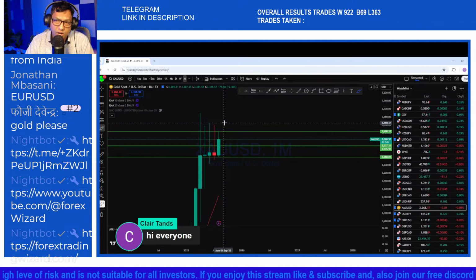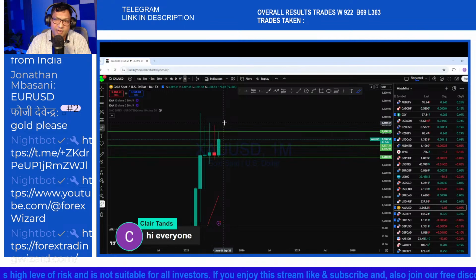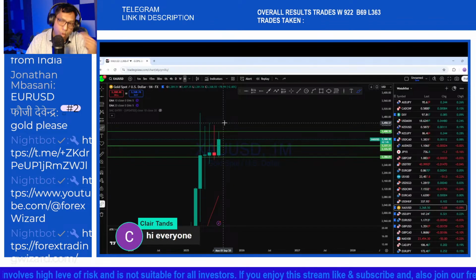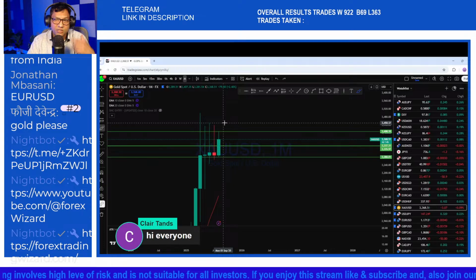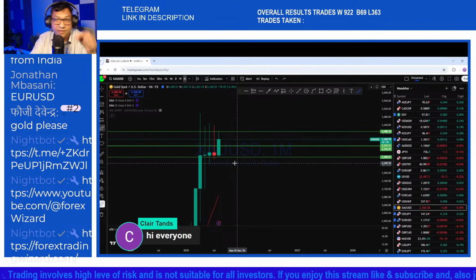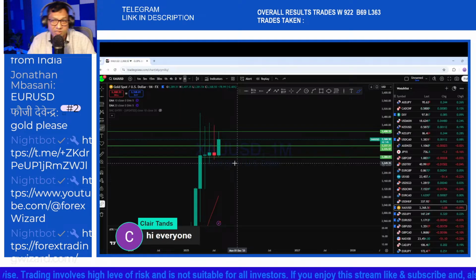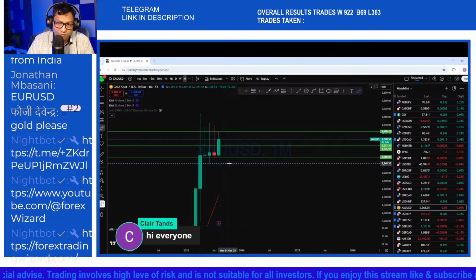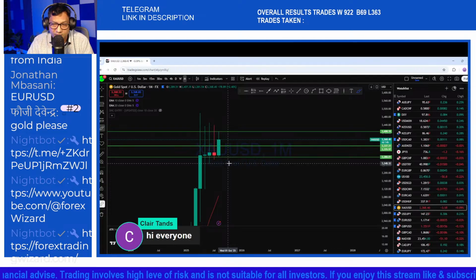So we need to look at what the market is, because it's a bull market. It is very easy for the buyers to break that high, than for the sellers to break that low, as it's a long-term bull market.